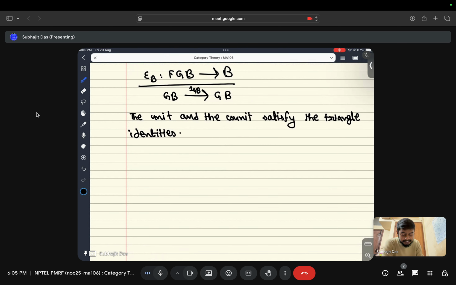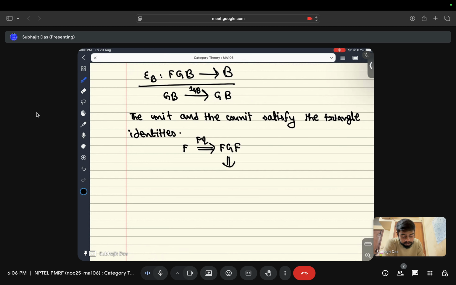So what are they exactly? One of them says that if you start with your functor F, go to FGF via the natural transformation F eta. Eta is from 1A to GF, so F eta will be from F to FGF.